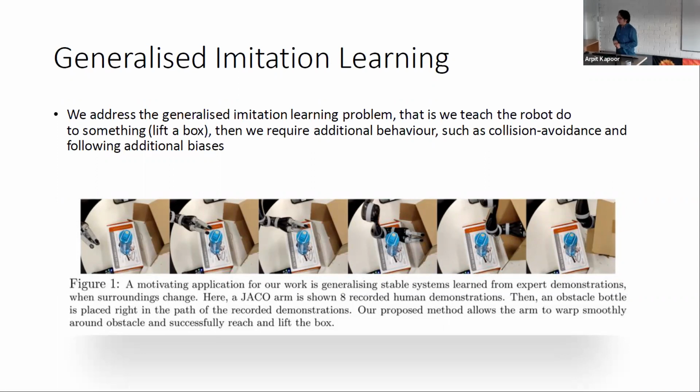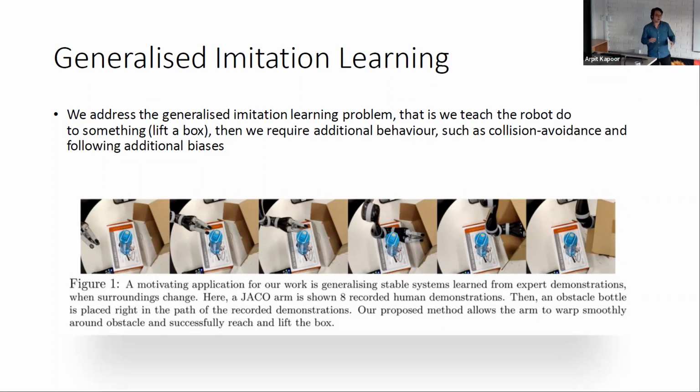Now, the issue with this is that the number of demonstrations that you can give a robot is actually very limited if you think about it, compared against the kind of deep learning models that we're using. So oftentimes you would then require additional behavior to be satisfied, such as collision avoidance if the environment changes. Or what if you have some additional biases?